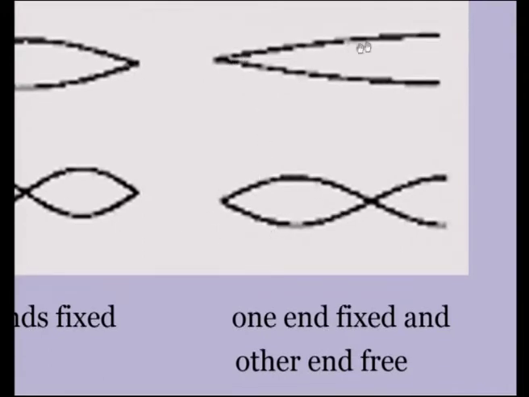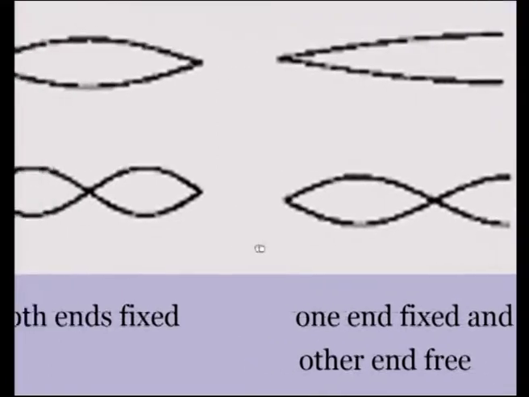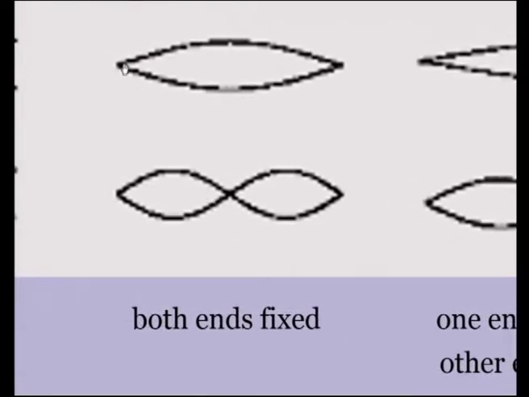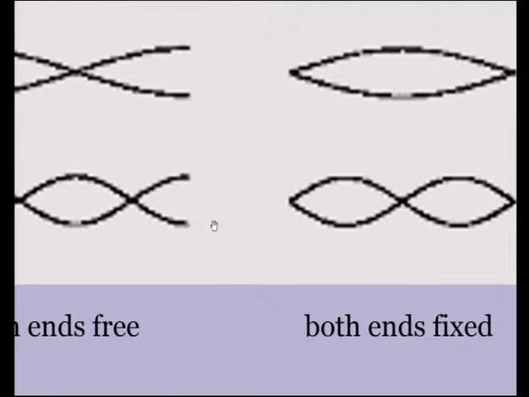Here it is a quarter wavelength and here it is 3/4 wavelength. When we compare, here it is half wavelength, here it is one full wavelength, and accordingly we have different types of vibration happening for a given length of the string.